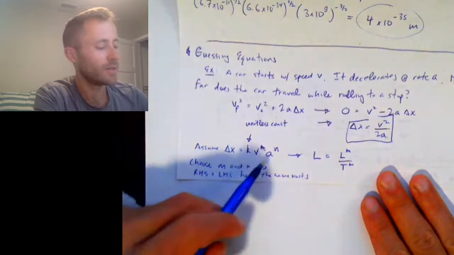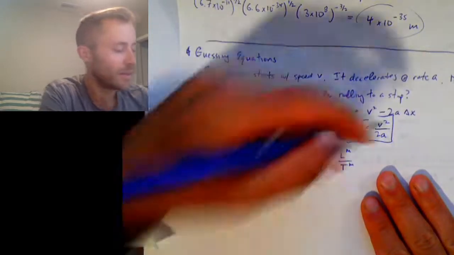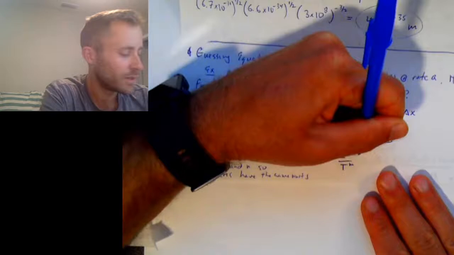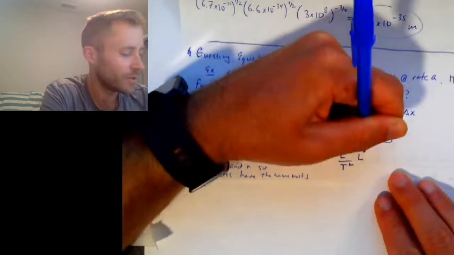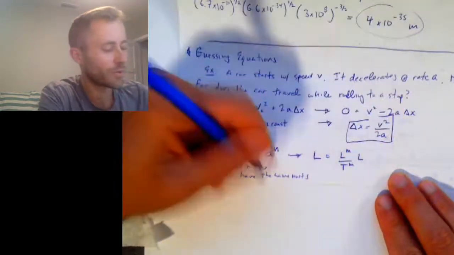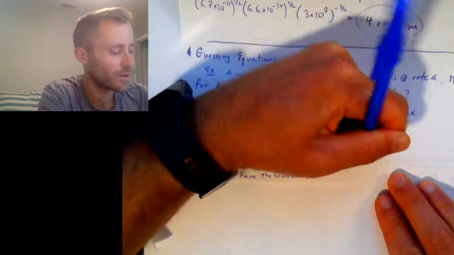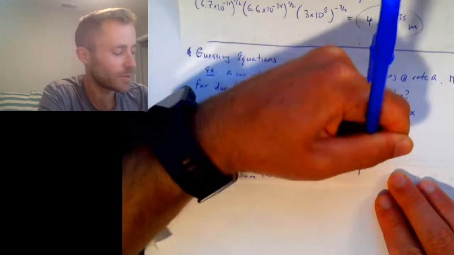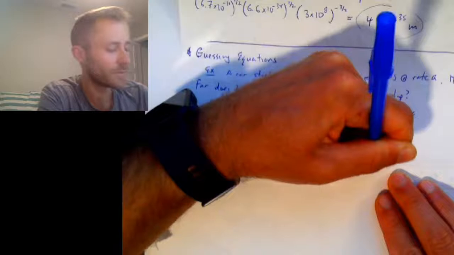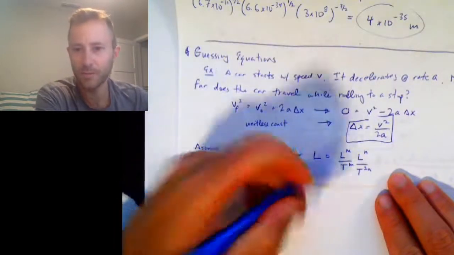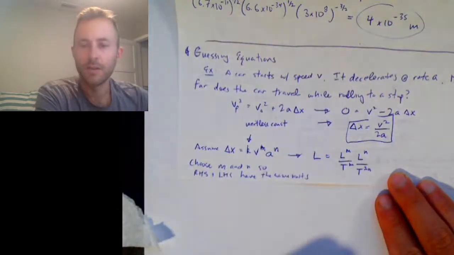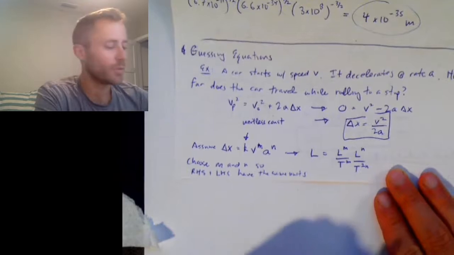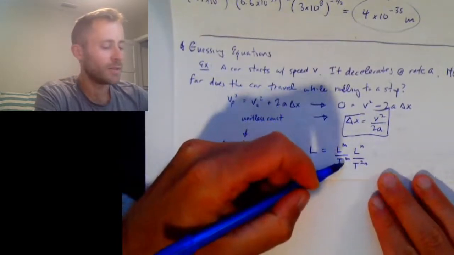And then a to the n has units of L to the n divided by T to the 2n, because it's meters per second squared.